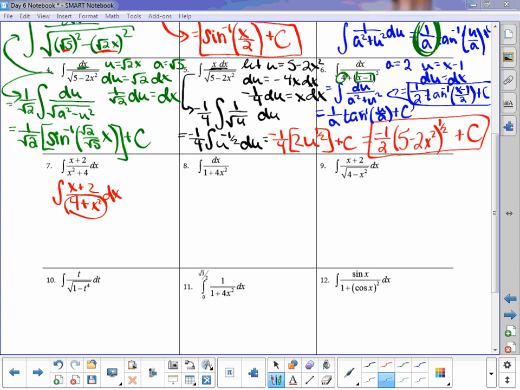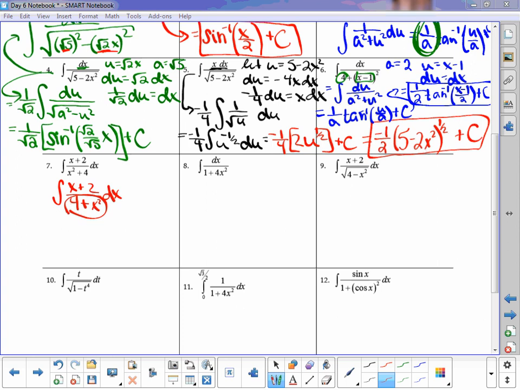If I just did inverse tangent, my u would just be x, the derivative of that's just dx, so that doesn't take care of the numerator. So inverse tangent won't help us out. What if I tried u sub, and I let u be x squared plus 4? What's the derivative of that? 2x dx, and I again can't get rid of that.